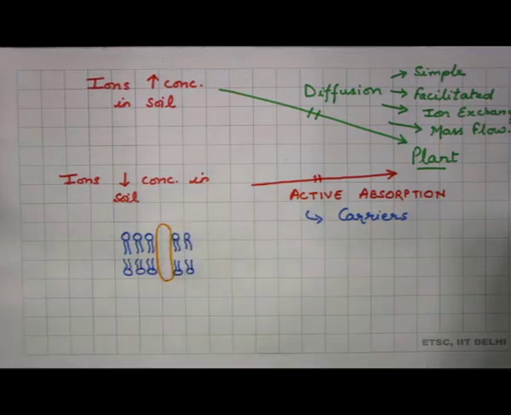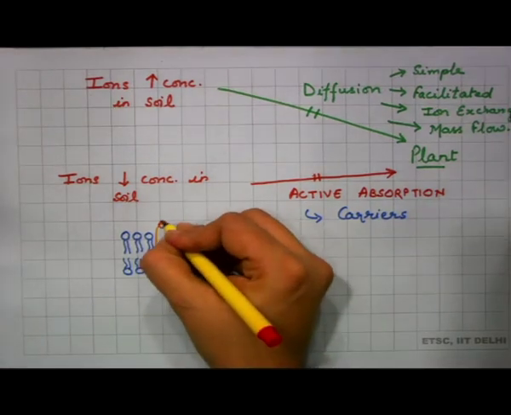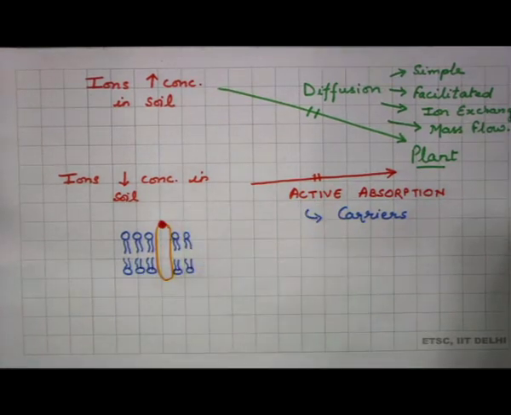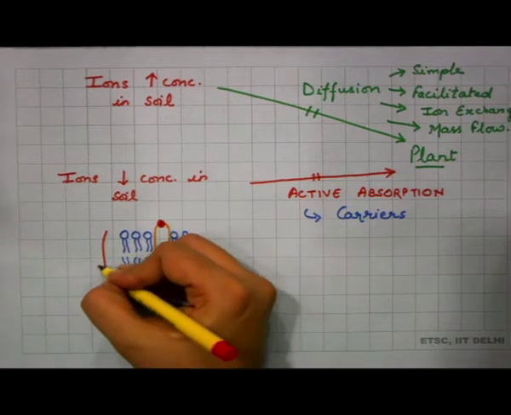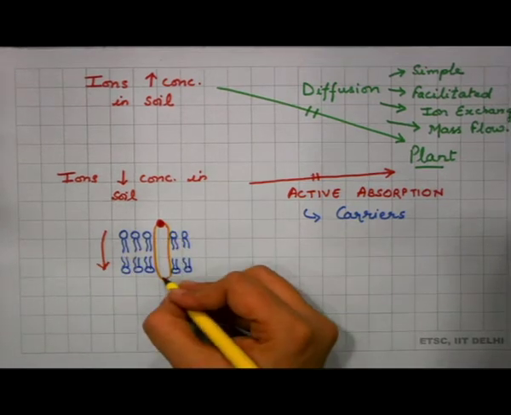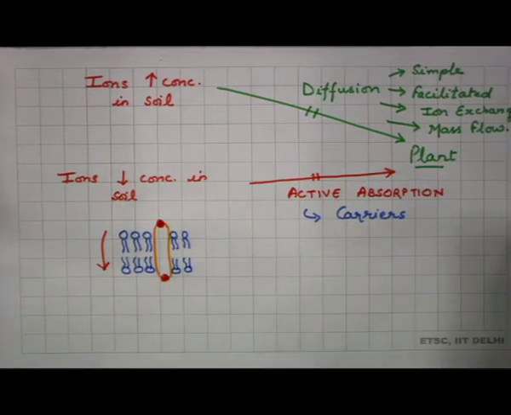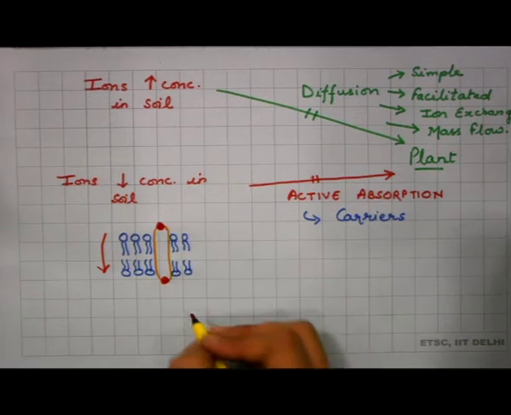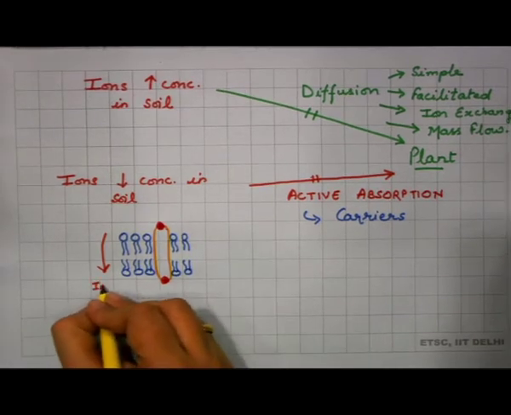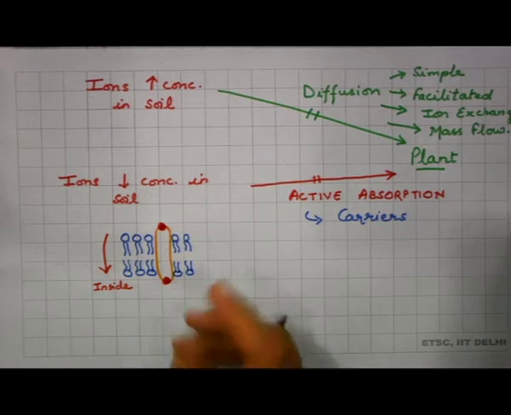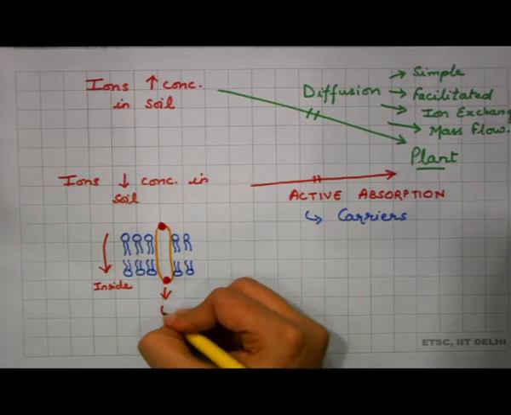When the molecule to be transported binds to their one end, they undergo conformational changes in such a manner that the molecule to be transported is taken to the inside of the cell and it is released here.